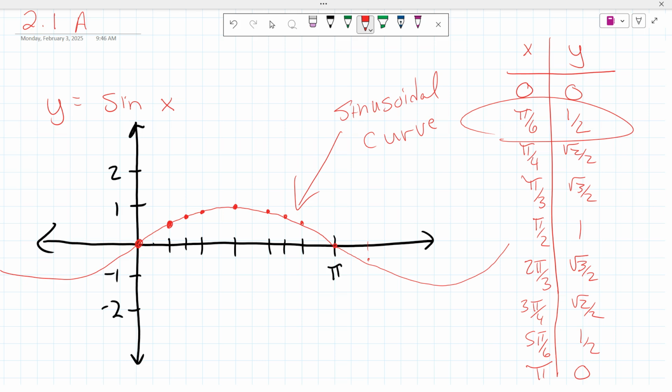Then, what we're going to do this chapter is we're going to take this sine of x curve, and maybe we're going to add 1 to it. Well, when you had your function y equals x squared in algebra 2, and you added 1 to it, what happened to the graph? Everything went up by 1.